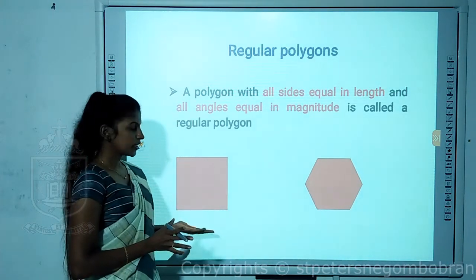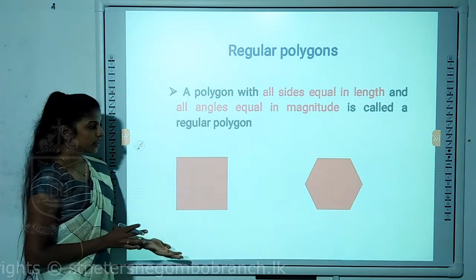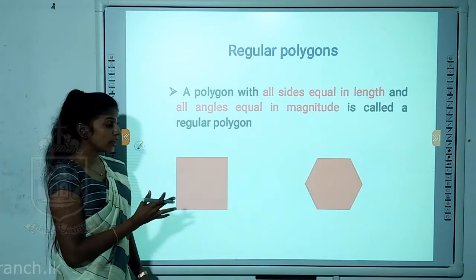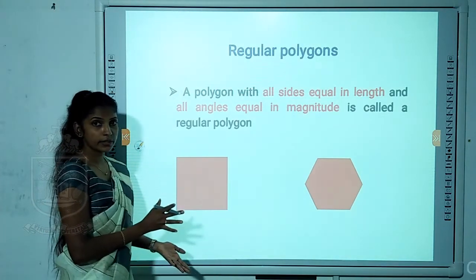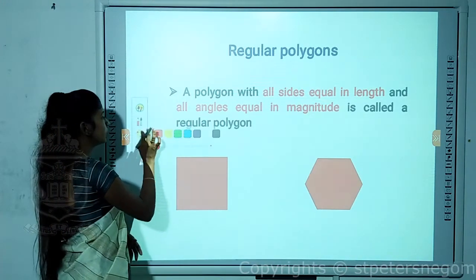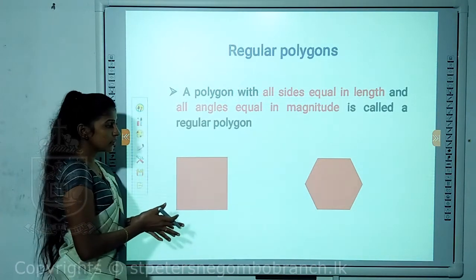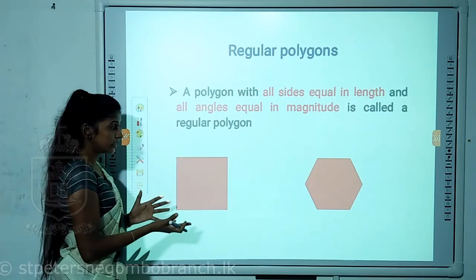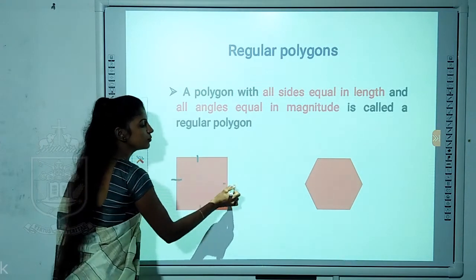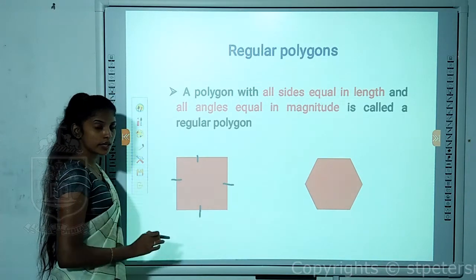So in this figure you can see it's like a square, right. Now by looking at this figure, you can't decide it as regular. For it to become regular, there's a symbol that you should use. Though it seems like a square, for it to be considered a regular figure, all four sides should be equal. So this is the way of representing four sides equal to each other.